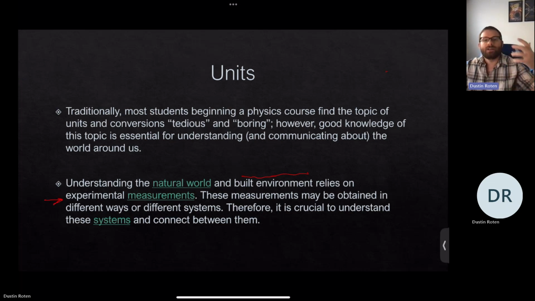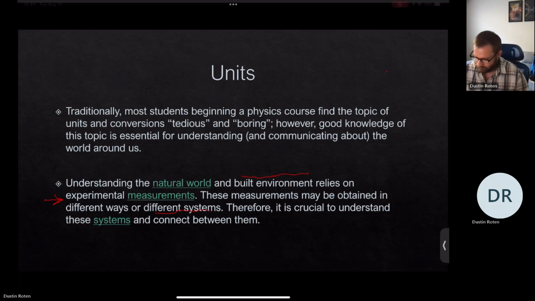All that's important. You need to know how to do this dimensional analysis. It's also important to understand that there are different systems, different ways that you can measure the exact same thing. So you need to make sure you understand how different systems of measurement are connected.